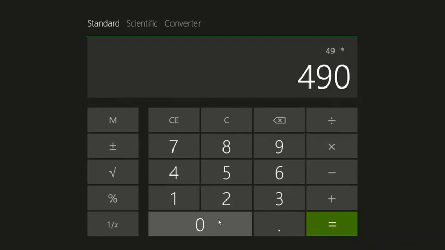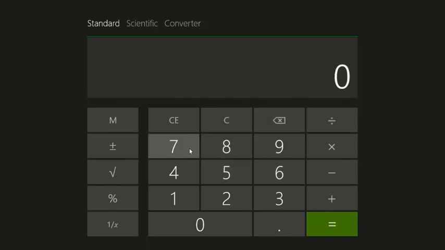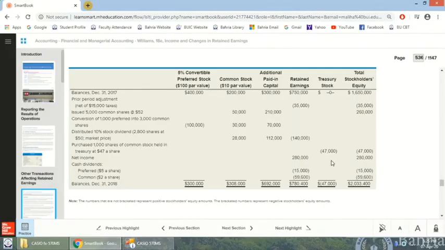You have 49,000 and you have 47,000, and you get 2,000. This will be your paid-in capital in this case, which has not been mentioned here because there is no adjustment right now for reissuance.